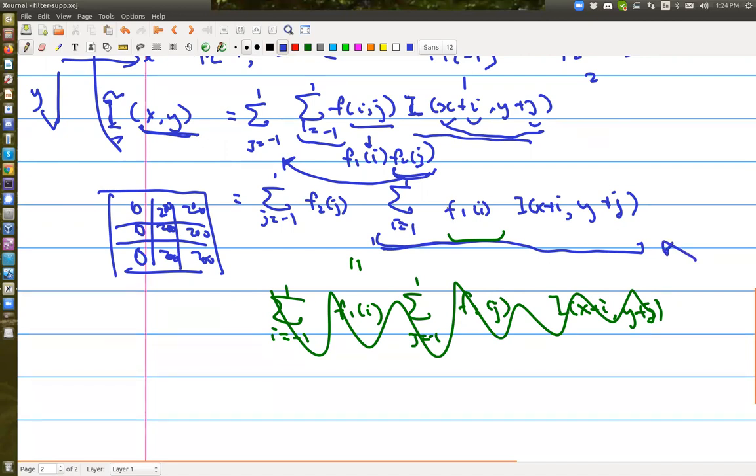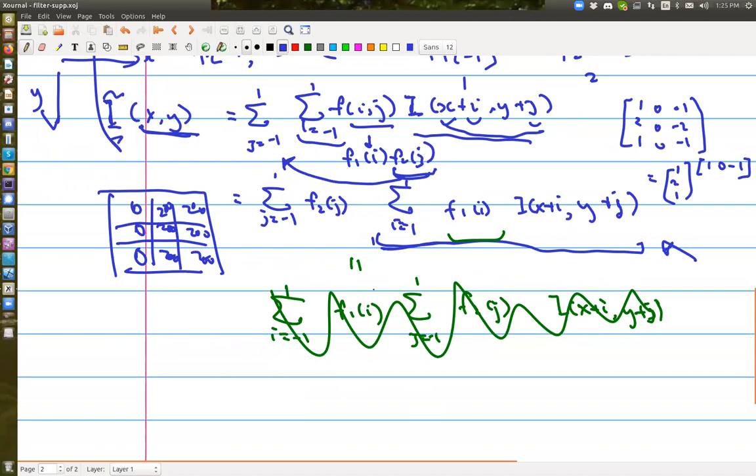If I do this order first, I first compute along the horizontal direction. As I said, that patch here, maybe I put it back here. It's 1, 2, 1, 0, 0, 0, minus 1, minus 2, minus 1, which is equal to 1, 2, 1, and actually 1, 0, minus 1.